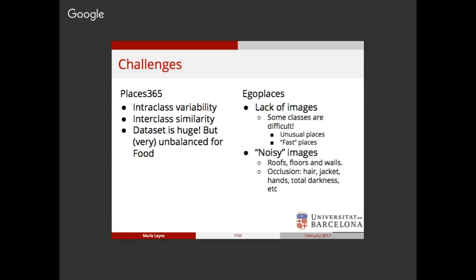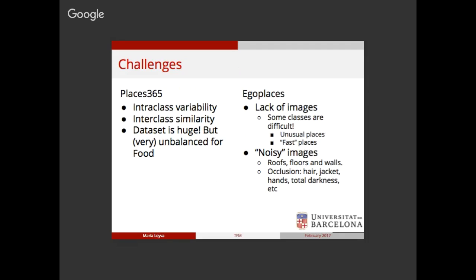But there are some classes that are especially difficult. Some of them are unusual places, places that you don't go to every day. Or there are other places that are fast, places where you spend a minute or two. For instance, a bakery shop. When you go buy bread, you spend like 2 minutes, 5 if there are people, and with the cameras, you get 10 photos at most.